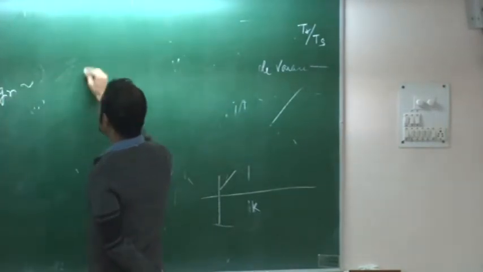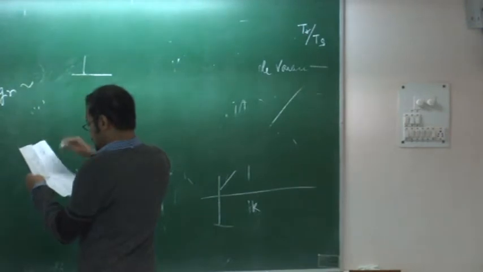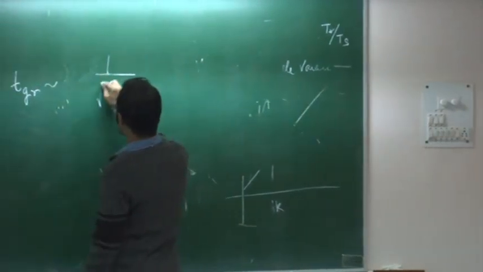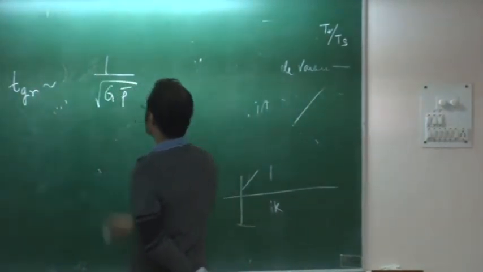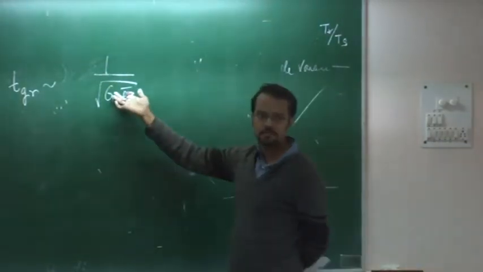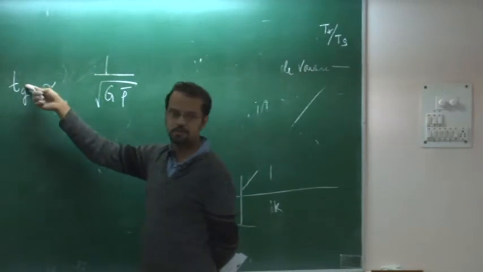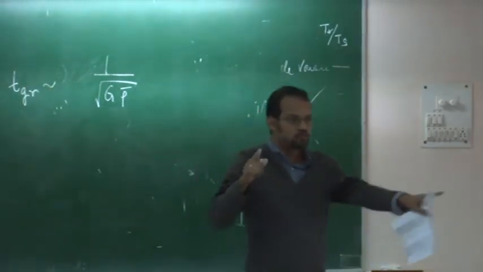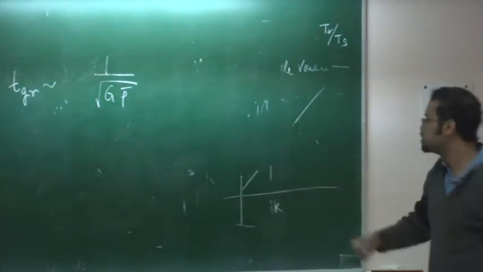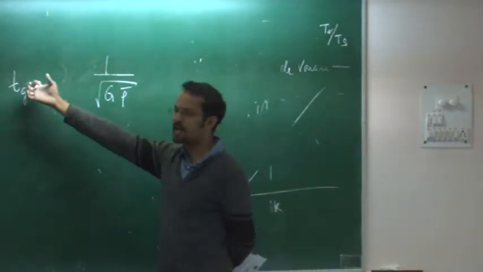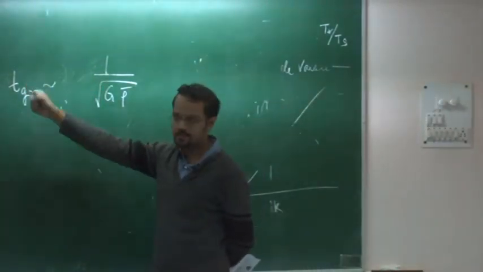This will be related to 1 by root G rho bar. You can see this has dimensions of time. Just check. So this time scale is related to gravitational collapse, I mean, pure gravity, the order of time that it takes for things to collapse.